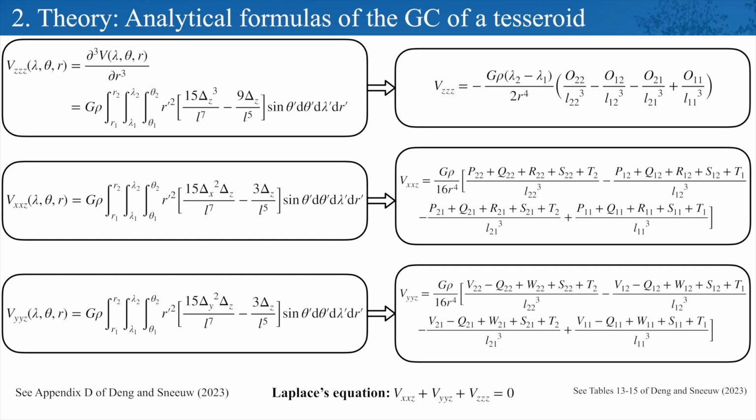Similarly, those 3 expressions satisfy Laplace equation. In other words, the sum of those 3 expressions is equal to 0. The detailed derivation of 10 components of the GC can be referred to Appendix D of Deng and Shen 2023.